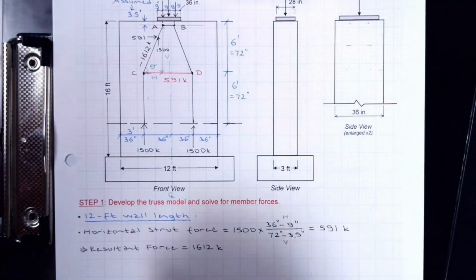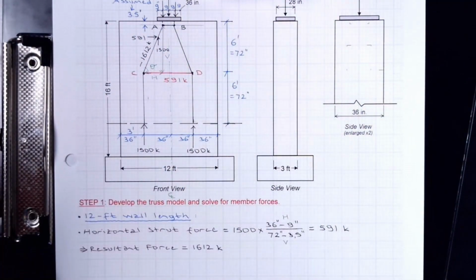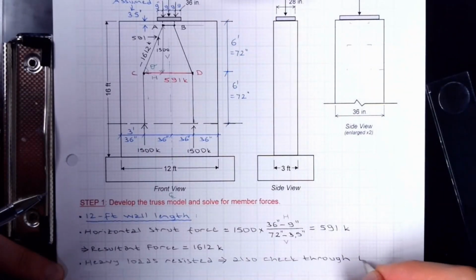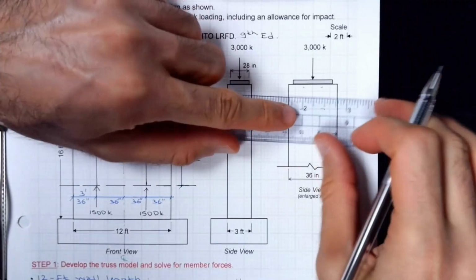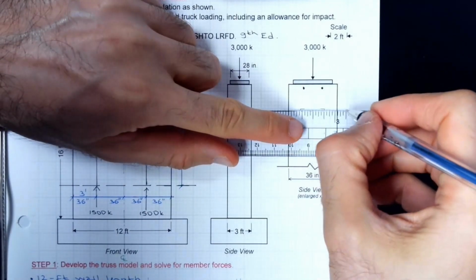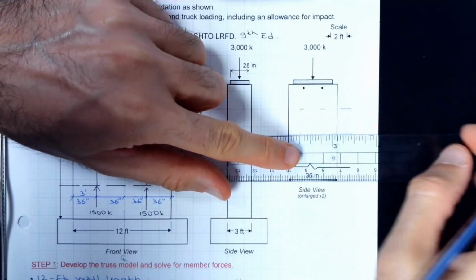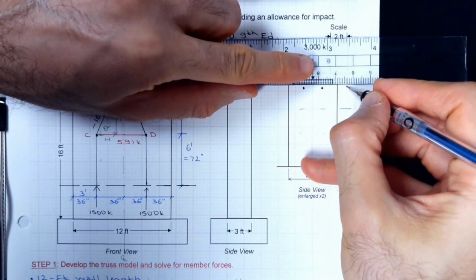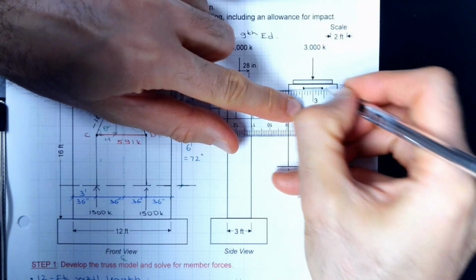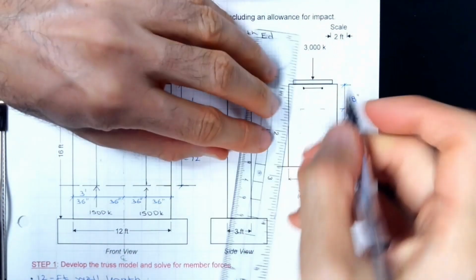So I would also like to do a similar calculation for the thickness. Also check through thickness. So let's look at that. Again, I'm going to be dividing the load into two. So my disturbed region would be 36 inches or 18. Same assumption applies. The distance from the top would be 3.5 inches.